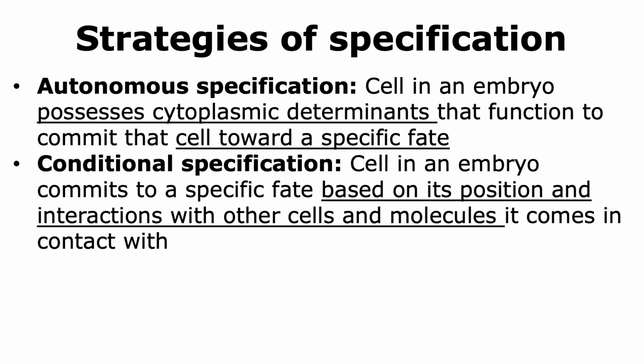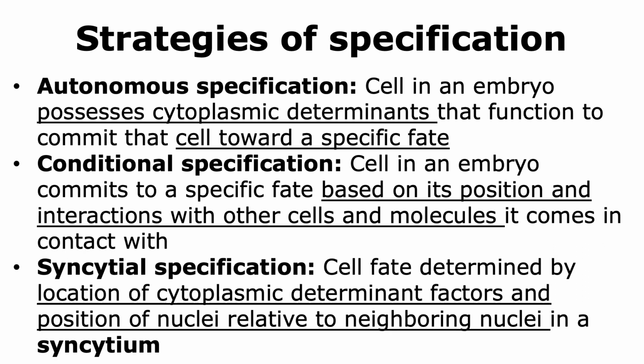Thus, its fate depends on its position and interactions with the other neighboring cells and molecules that it comes in contact with. The third type of specification is called syncytial specification. In this case, the cell fate is determined by the location of cytoplasmic determinant factors like mRNA and proteins and the position of their nuclei in a structure called a syncytium.